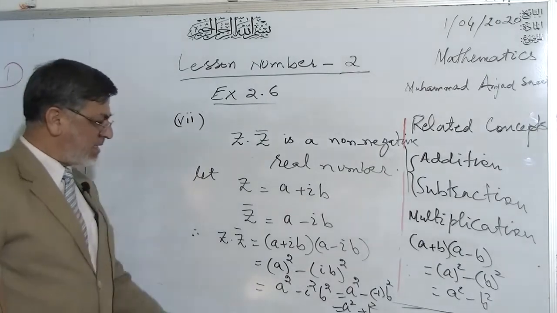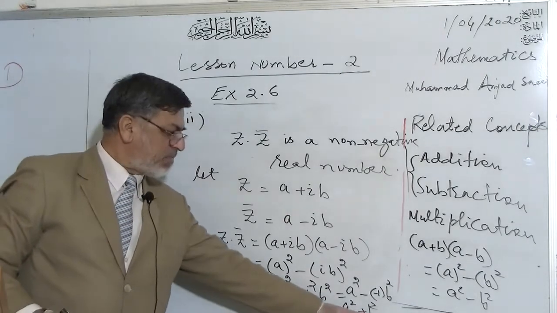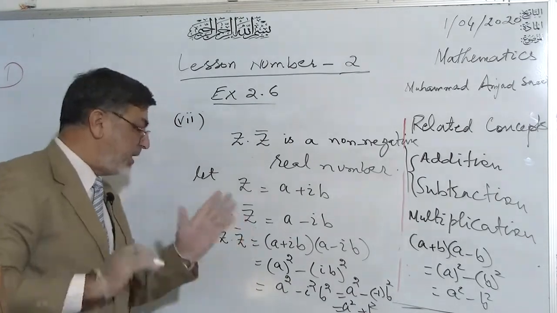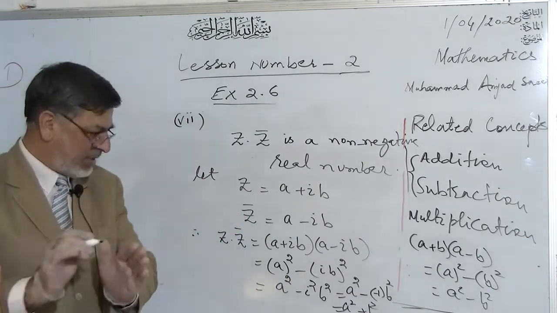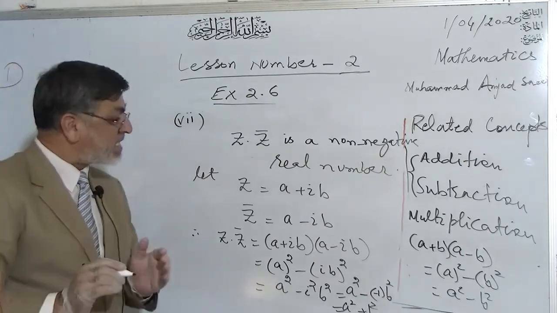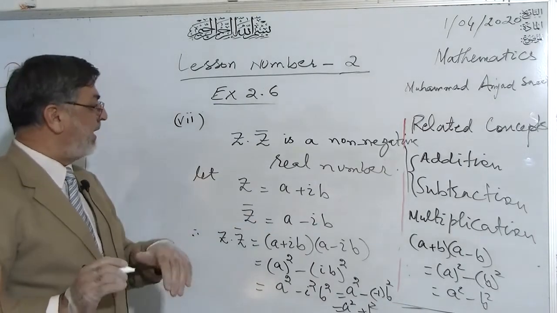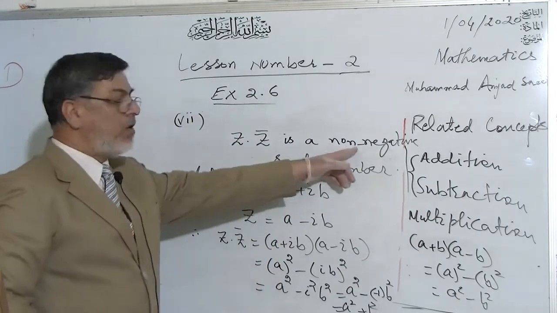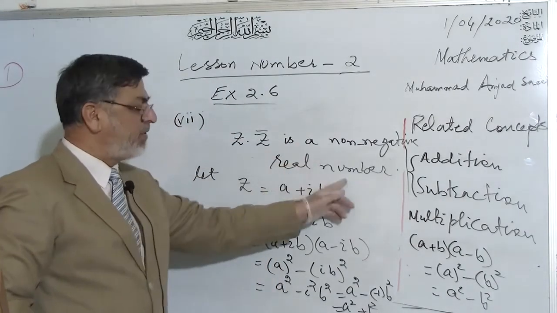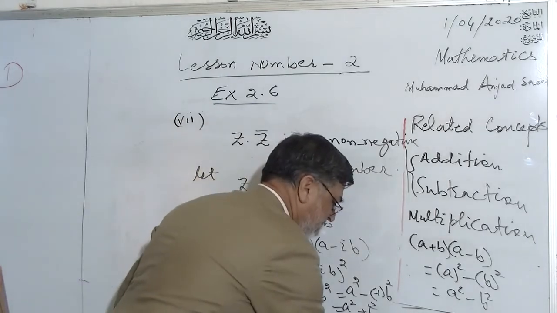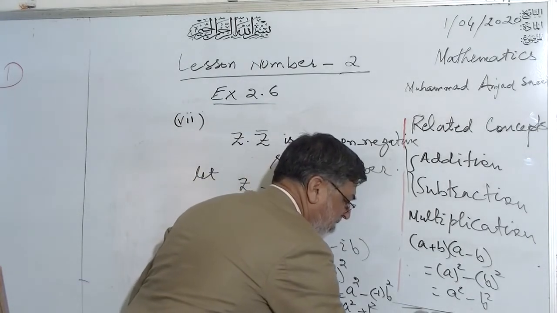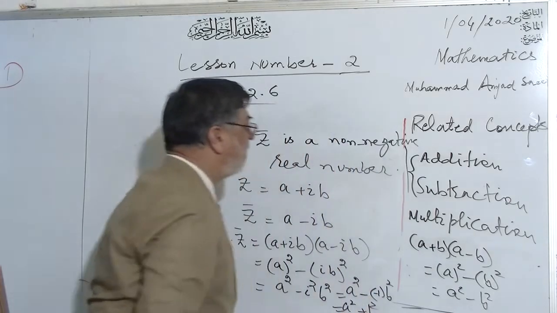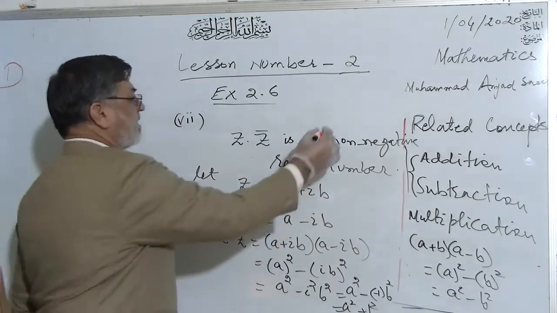Dear students, in a square plus b square, we don't have the term involving iota. So that's why we can safely say, yes, the answer is a non-negative real number. Yes, so it is true.